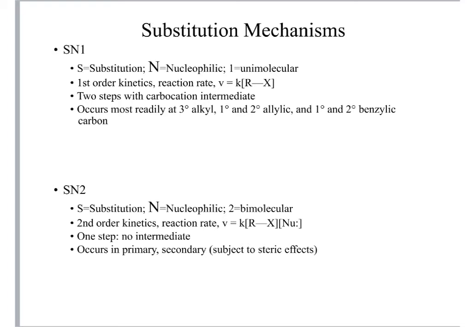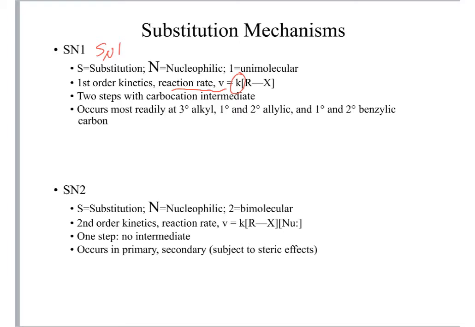Substitution mechanisms follow two general pathways. SN1 mechanism, which stands for nucleophilic substitution, unimolecular. This mechanism follows first order kinetics, where the general notation for the rate law, or reaction rate, will be expressed by rate is proportional to the constant k times the concentration of the alkyl halide or alkyl tosylate.